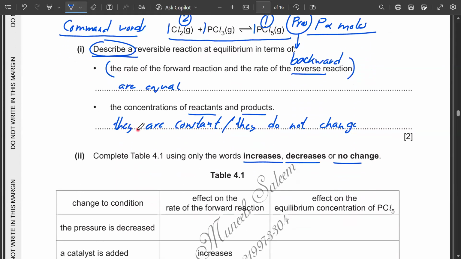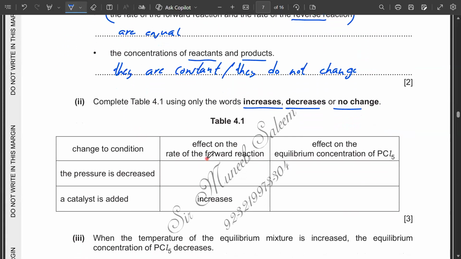So the effect on the rate of the forward reaction, which means towards the product side, we can simply say it decreases, because we have to write exactly the same word, decreases.